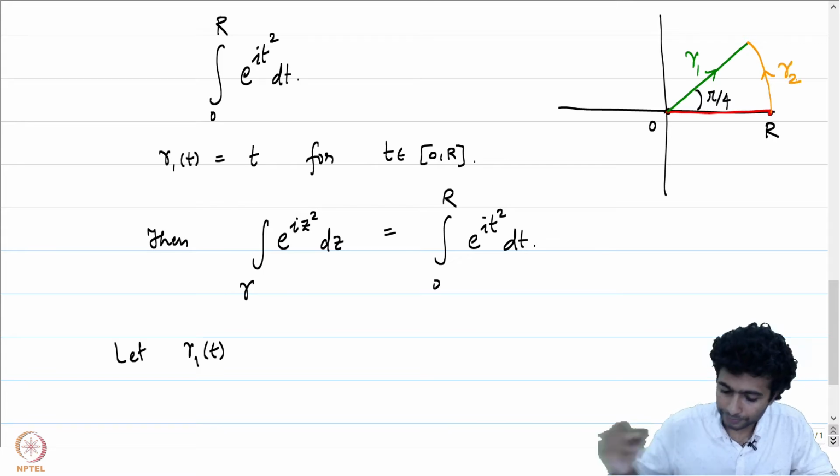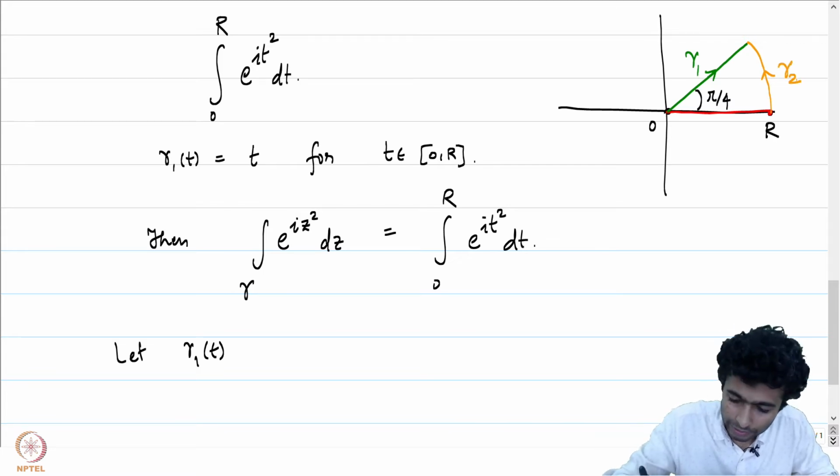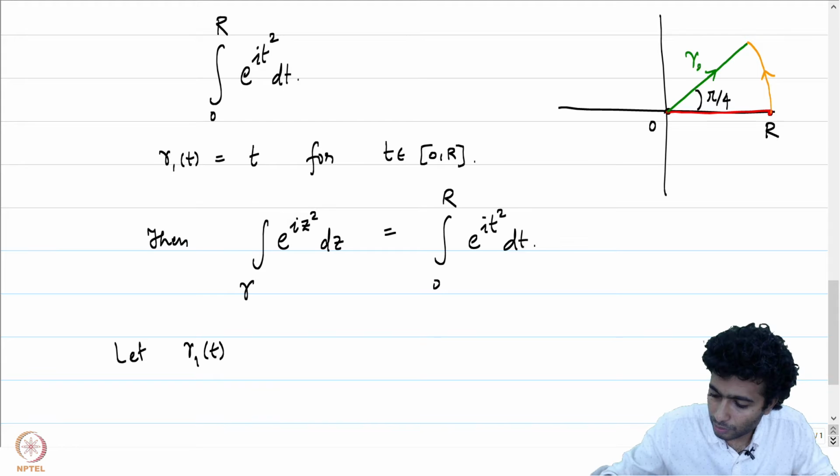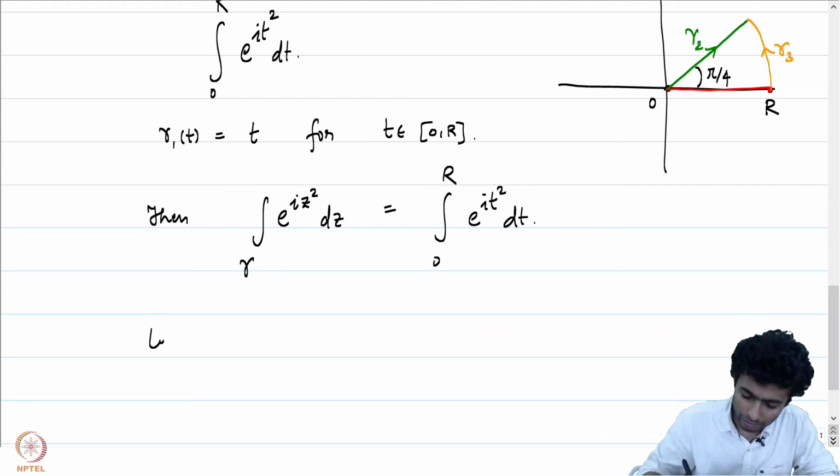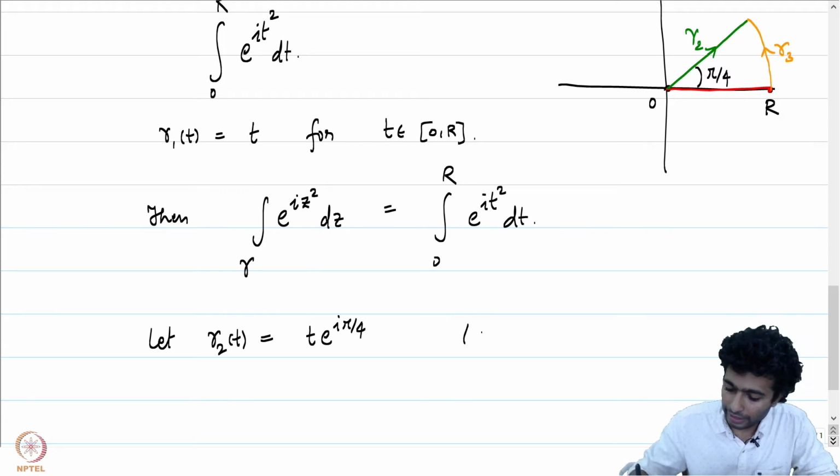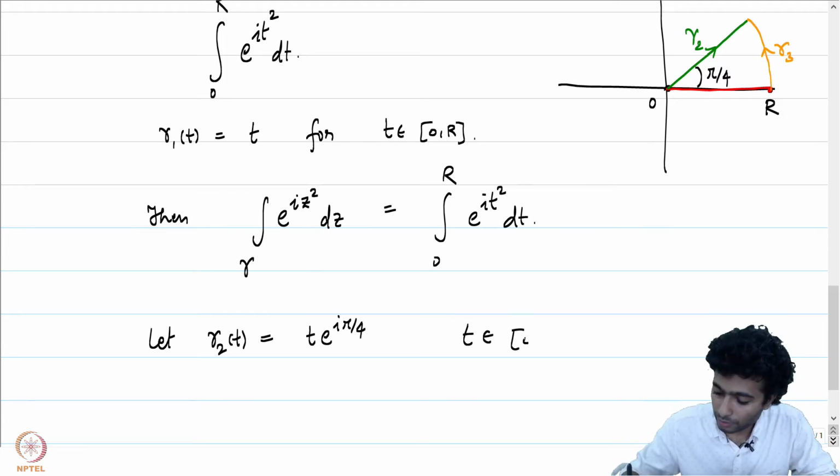Oh, gamma 1 has already been taken, so let's call this gamma 2, and the third one gamma 3. Gamma 2 of t equals t times e to the power i pi by 4, where t is in the interval 0 to R.